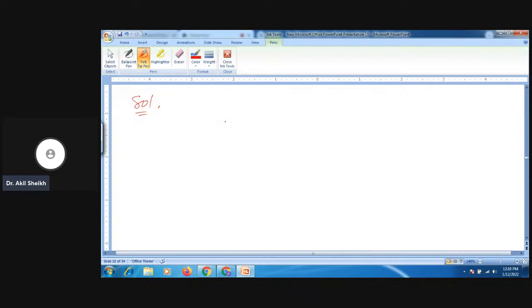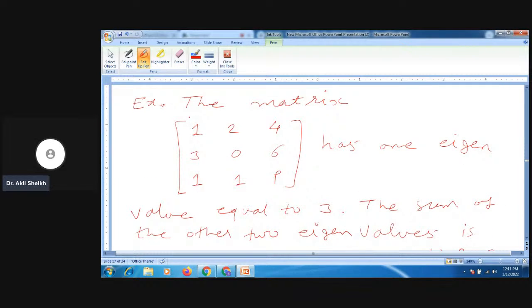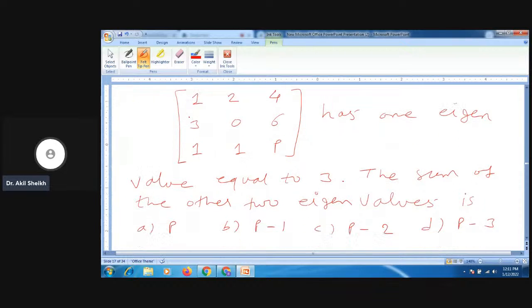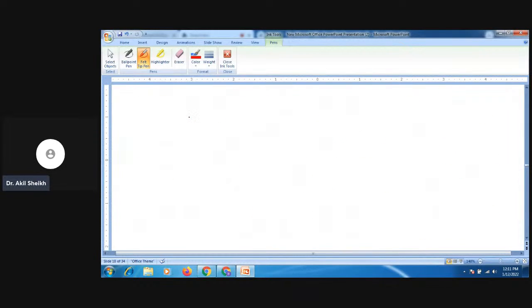What is the trace of A? We already mentioned in the note. Trace of A is nothing but the sum of the diagonal elements of capital A. So in the given matrix, 1, 0, p are the diagonal elements. The given matrix is of order 3 by 3.